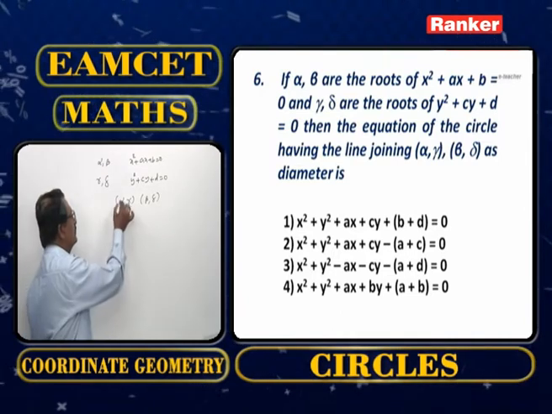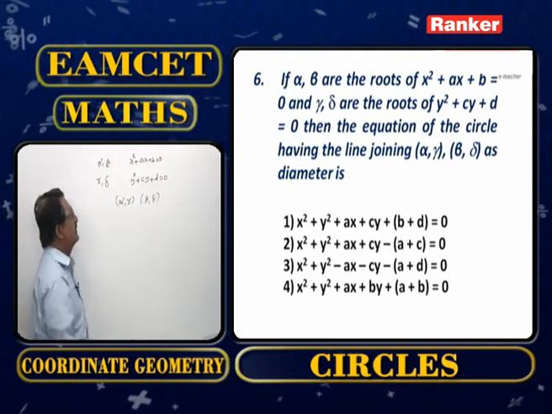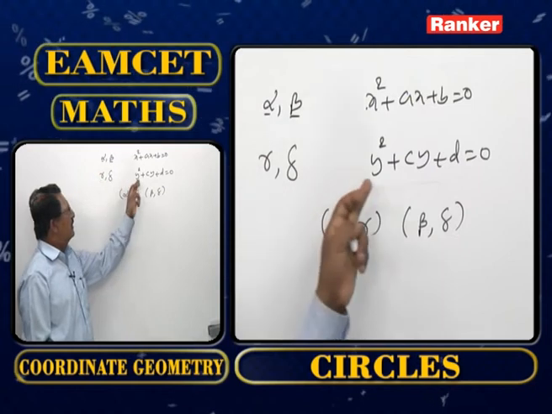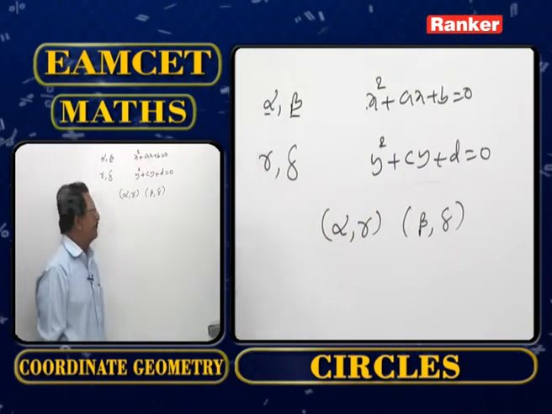Now, alpha, beta are roots of the first equation x squared + ax + b = 0. Gamma, delta are roots of the equation y squared + cy + d = 0, given.